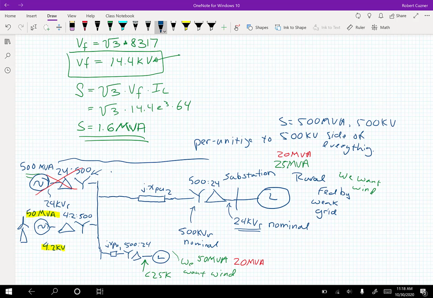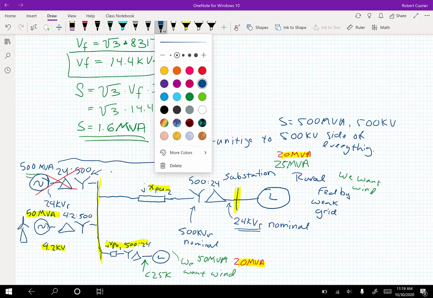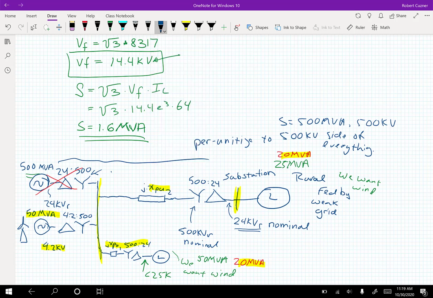So you might say, okay, if I've got this much power coming out, I know the base, it's been defined at this point right here. I can find these values here. And the question you'll ask yourself is, if these guys are loaded down here, you can just look at one of them and not both of them. I think it becomes more of a power systems problem if you look at this guy and this guy.